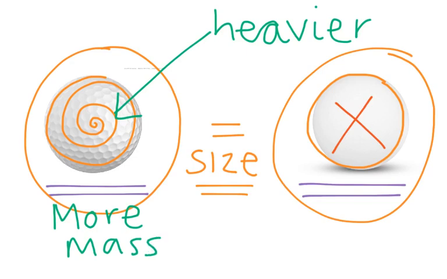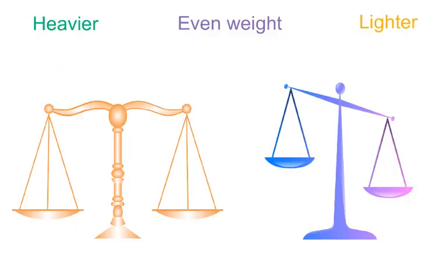Let's have a look here. So here we've got two balance scales. You can see, we look here, these two are the same. And these two over here are different.